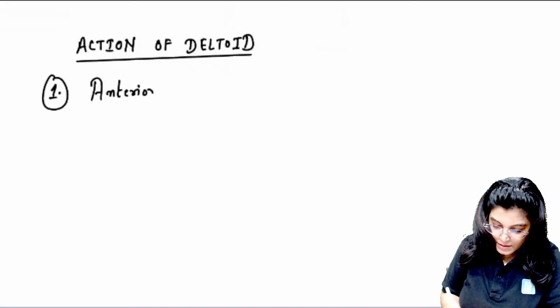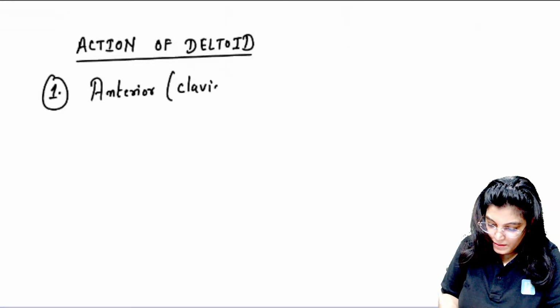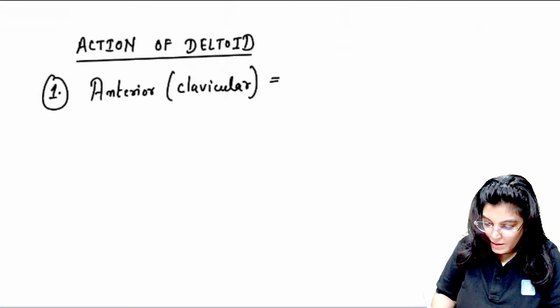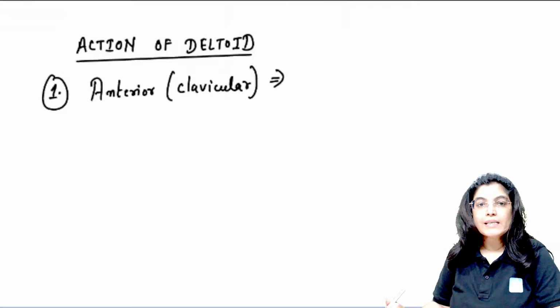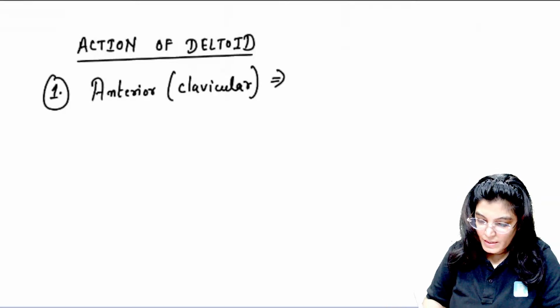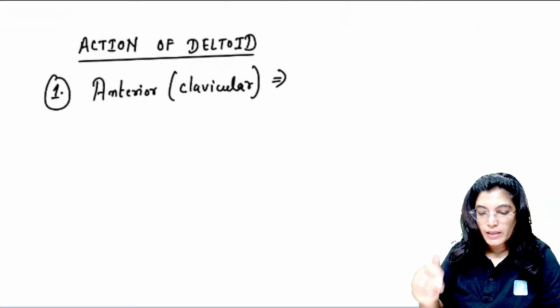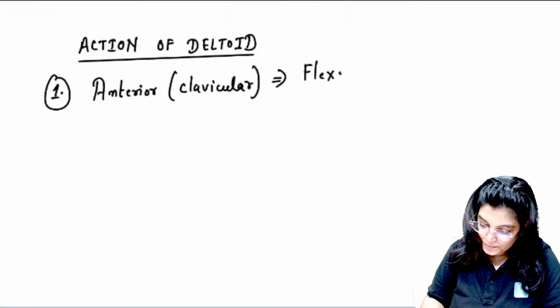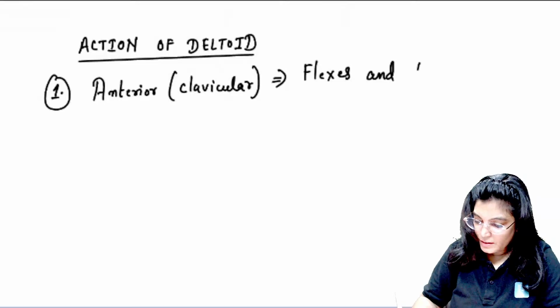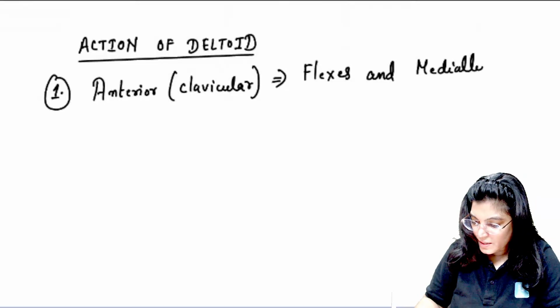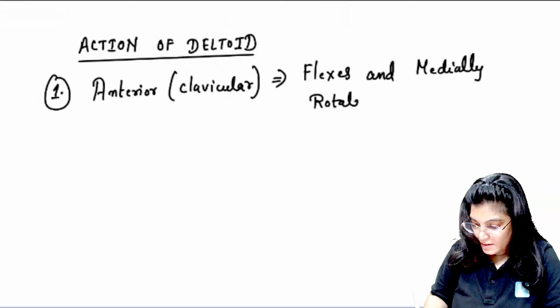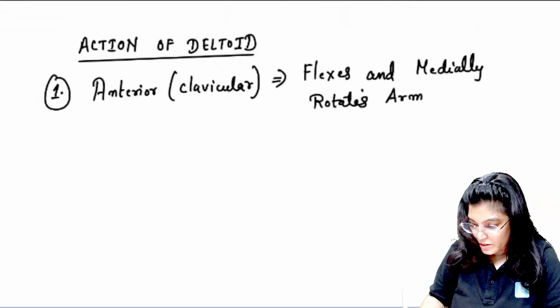Anterior part or the clavicular part of deltoid muscle is having the action. It flexes and medially rotates the arm. That means shoulder joint.